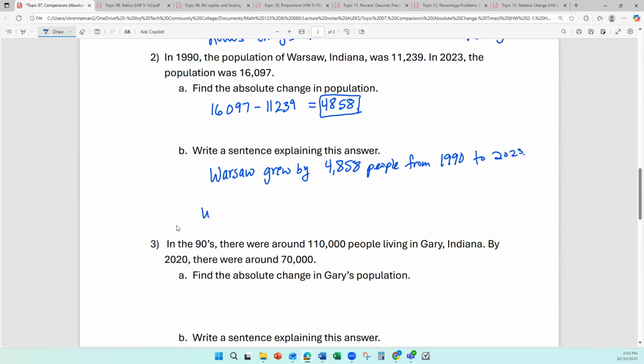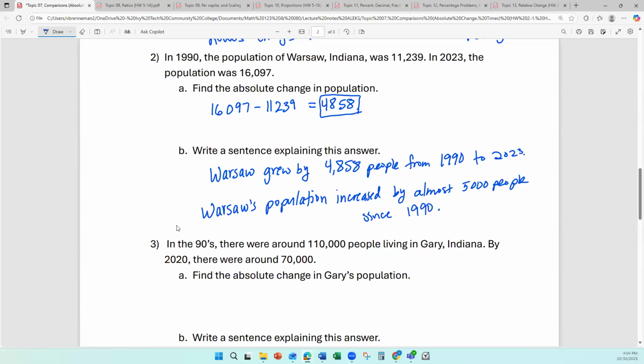I might say Warsaw's population increased by almost 5,000 people since 1990.